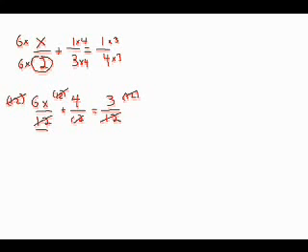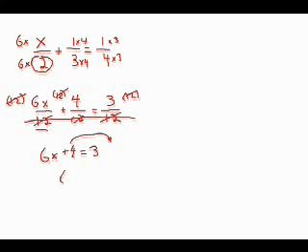So when you have the common denominator, those denominators are all gone because we multiply each term by that denominator. And now we've got an equation where we have 6x plus 4 equals 3. No more fractions.